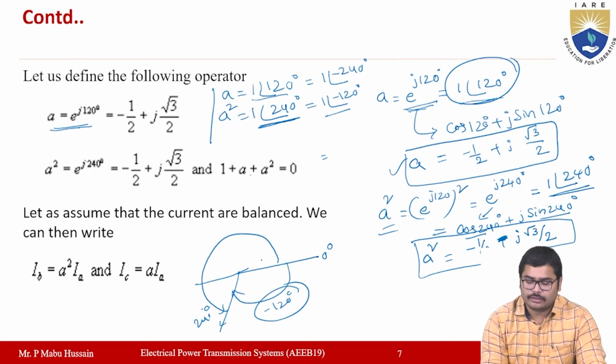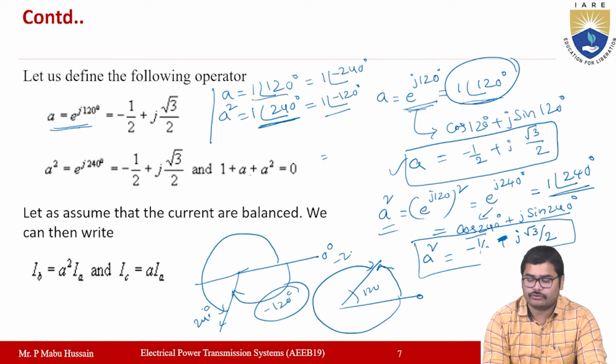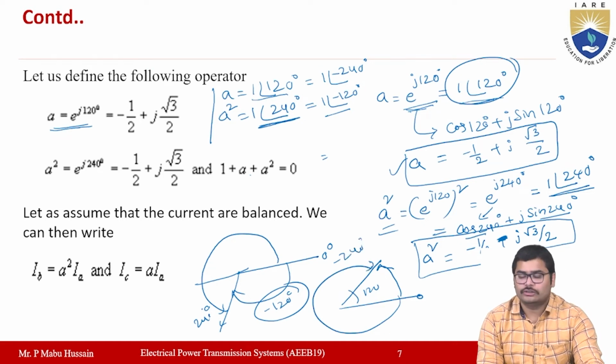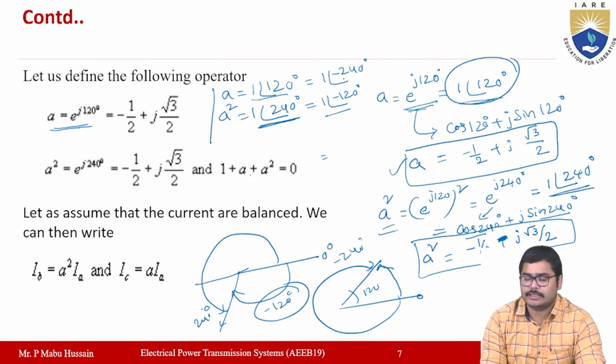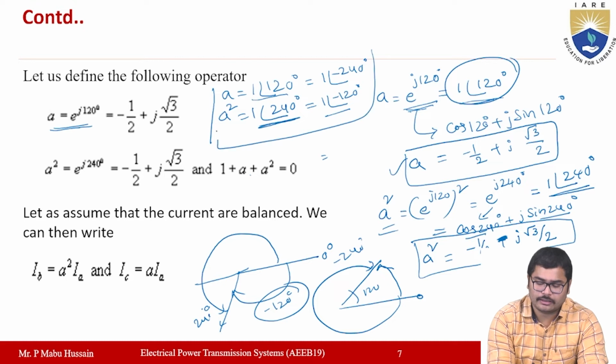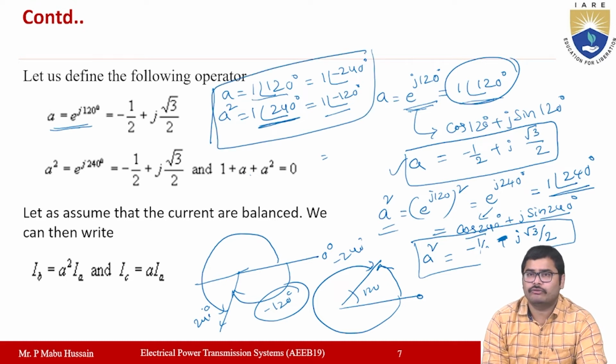Similarly, with reference 0, an angle of 120 degrees measured from the other side gives minus 240 degrees. So A is equal to 1 at an angle minus 240 degrees, and A square is equal to 1 at an angle minus 120 degrees. Remember these two points, which are helpful while calculating the flux linkages.